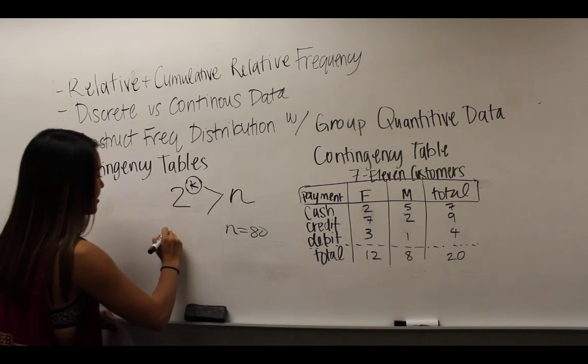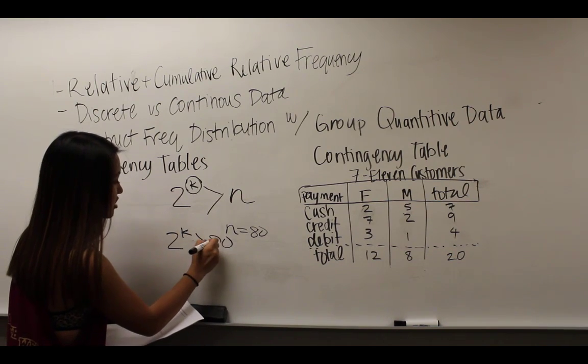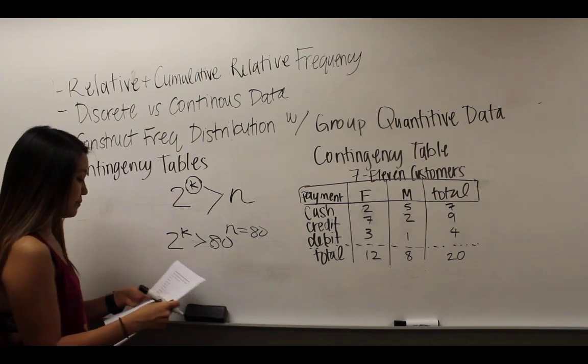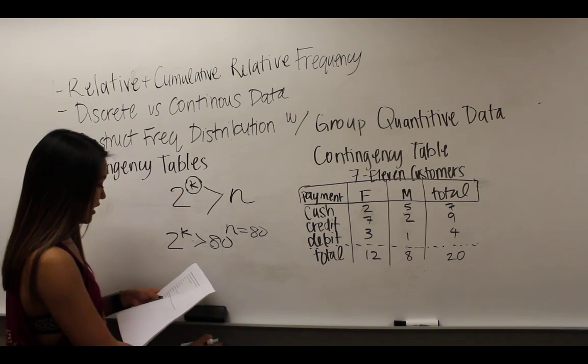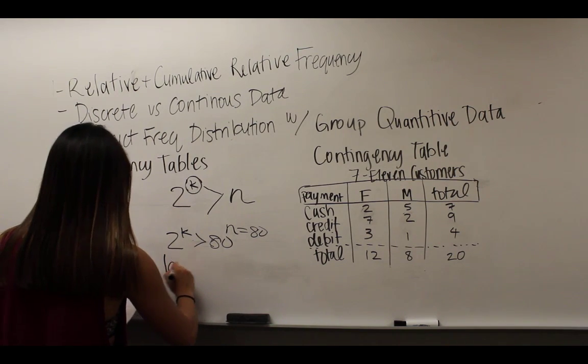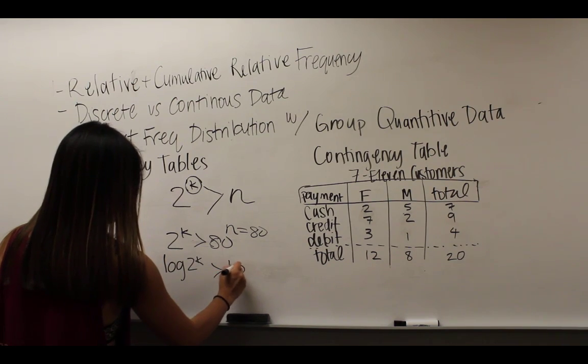So how you would do that is 2 to the k is greater than 80, since you don't want to have more groups than this number. You would take the log of both sides: the log of 2^k, and the log of 80 on this side.